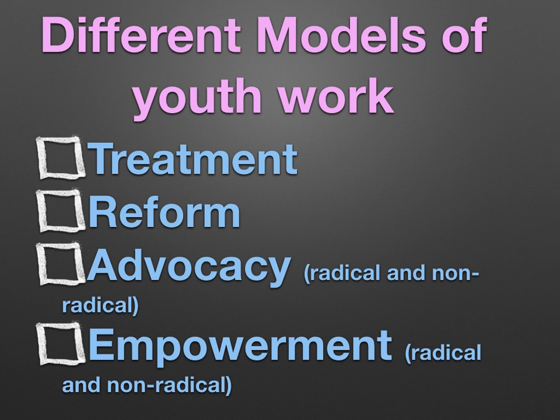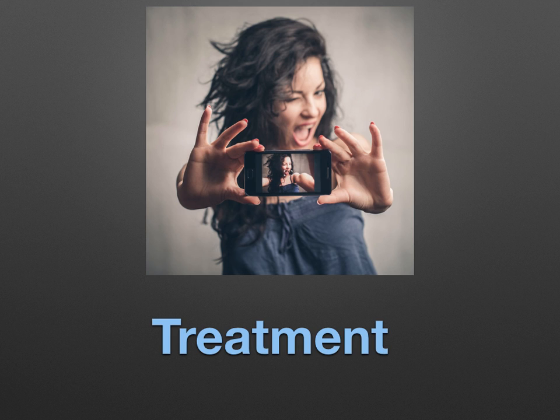And you can see that advocacy and empowerment have radical and non-radical elements. So treatment: the treatment model defines young people as deficient or deviant. This model assumes that all members of society agree on an acceptable standard of behaviour, and that what we need to do is to treat these young people and bring them into line.